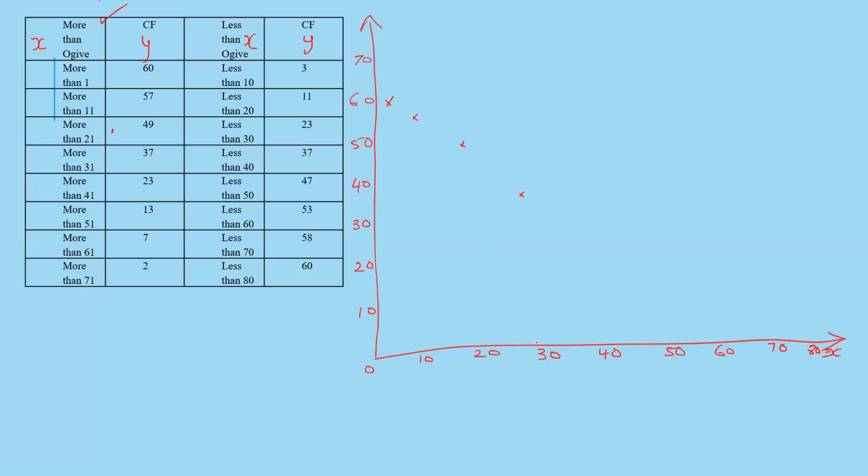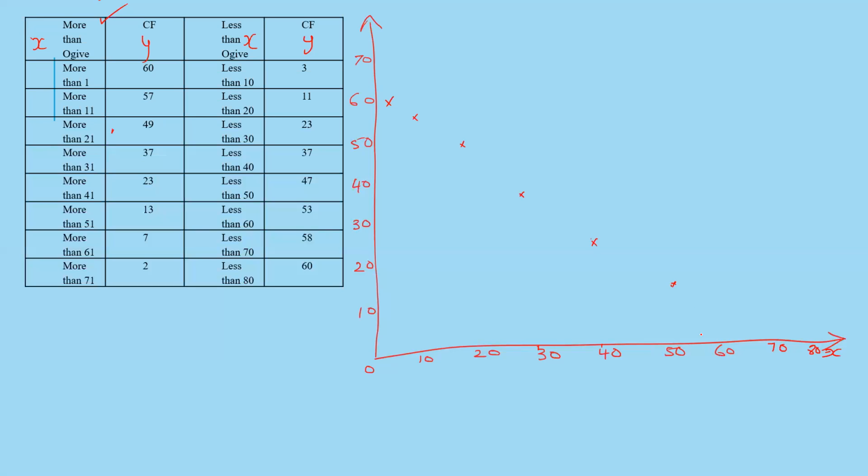Assuming this is 30, right? And then 41 comma 23. So 23 is going to be somewhere here. Then 51 comma 13. So 13 is somewhere a little above 10.